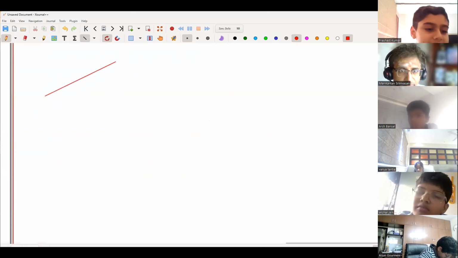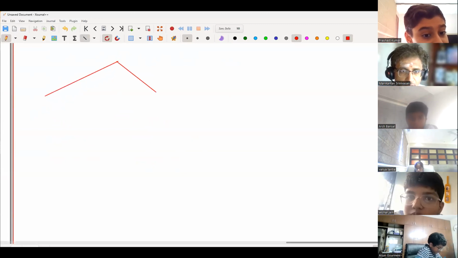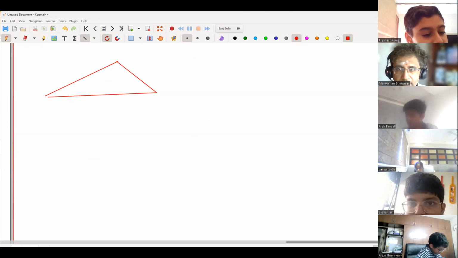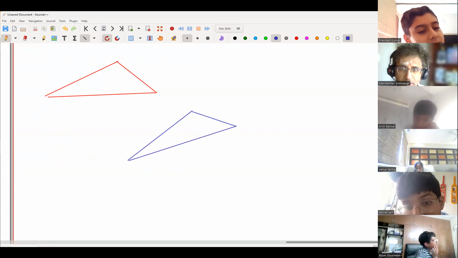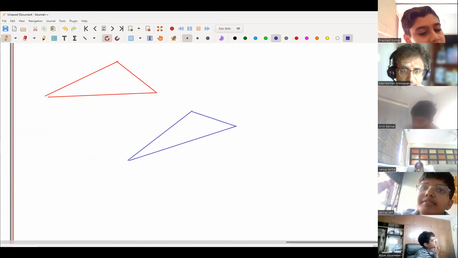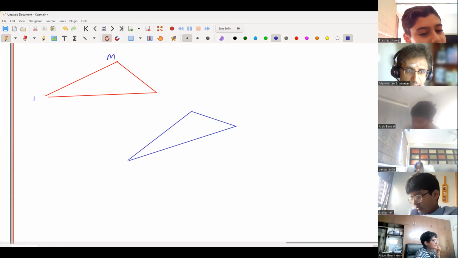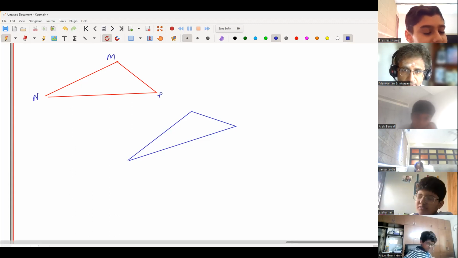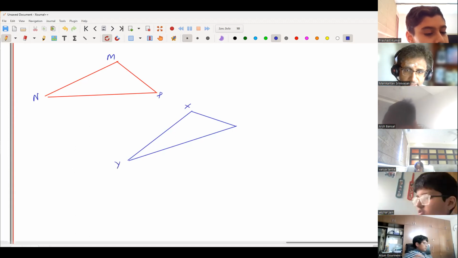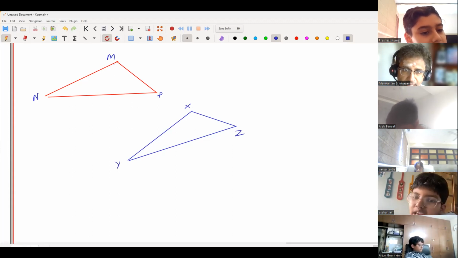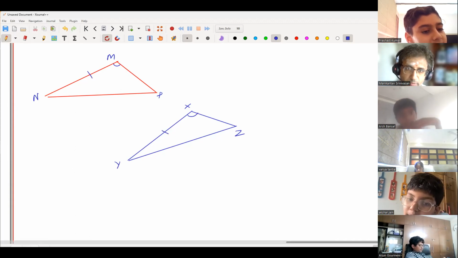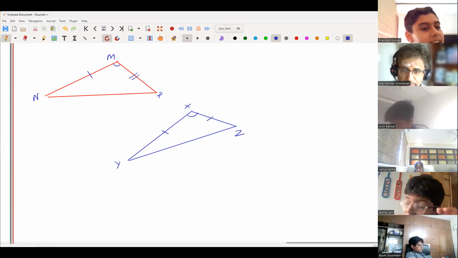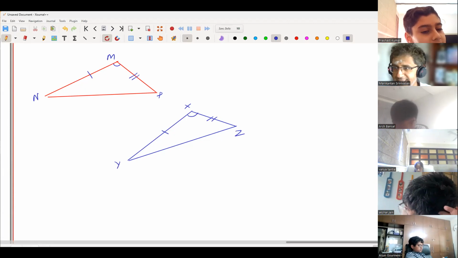In fact, I don't want to draw it like a right angle triangle. Let me label them M, N, P, and then X, Y, Z. If angle M is given to be equal to angle X, MN is given to be equal to XY, and MP is given to be equal to XZ, that was the SAS, correct?